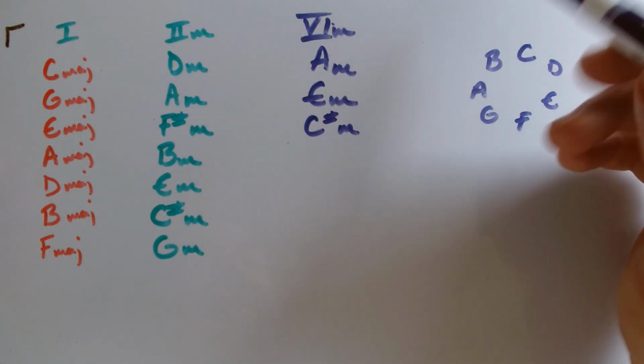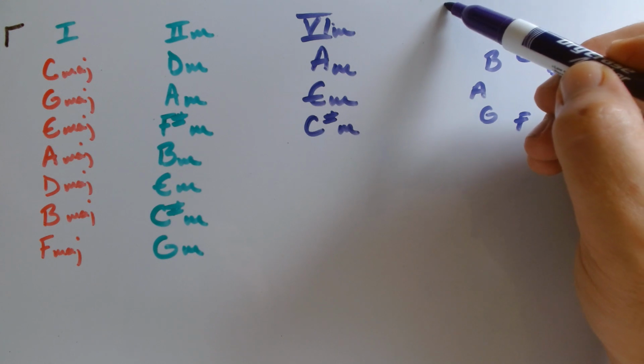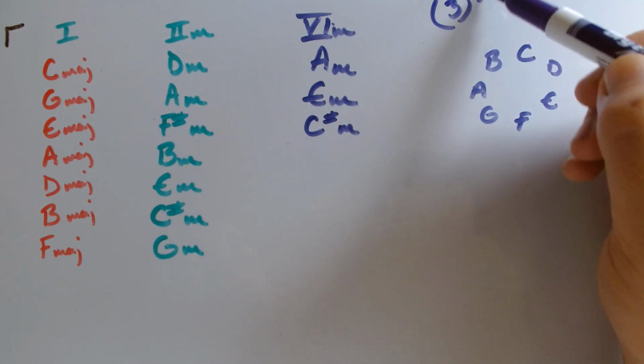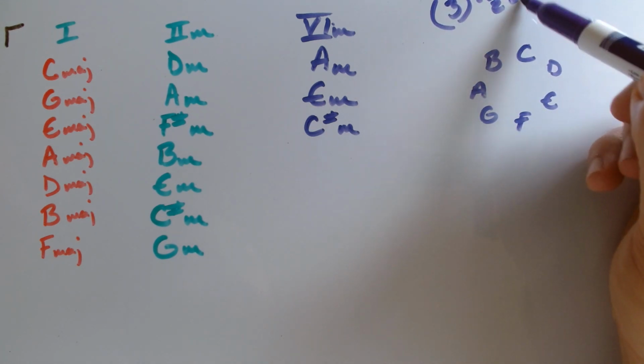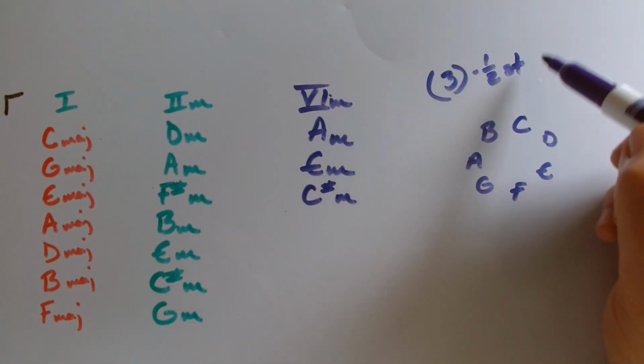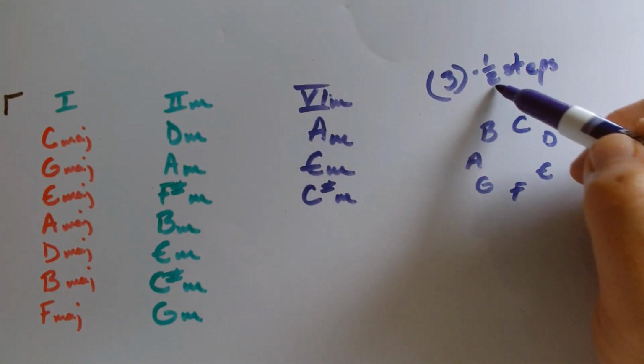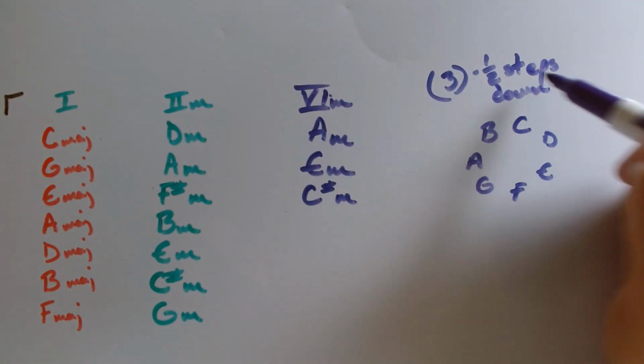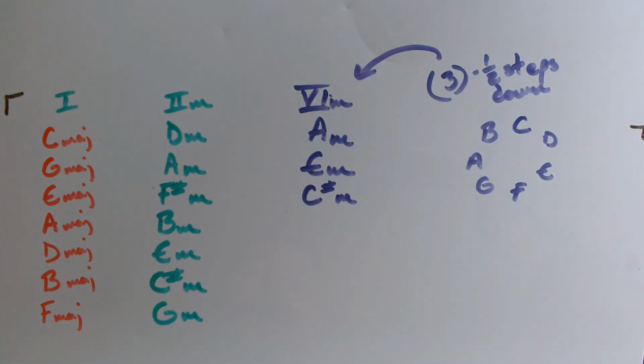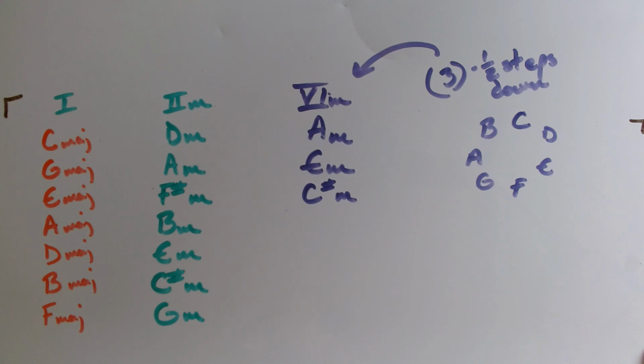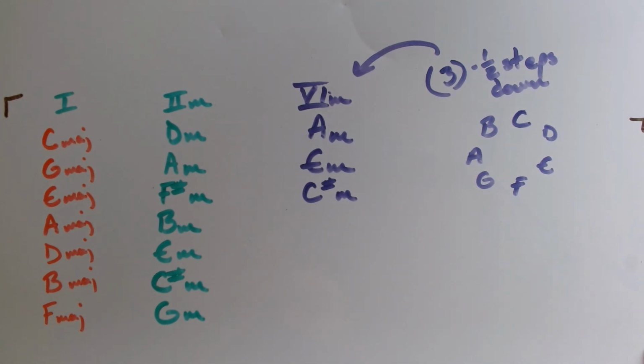So that's what I meant by 3. If you go 3 half steps down, I'm sorry, I'm writing out of the screen. If you go 3 half steps down, that is the same as the 6 minor. Now, I don't know about you, but for me, it's easier to count down from 3 than it is to count up from 6.